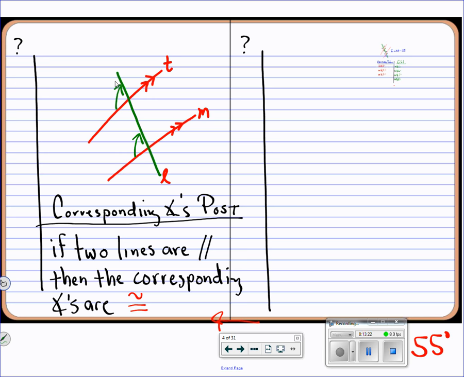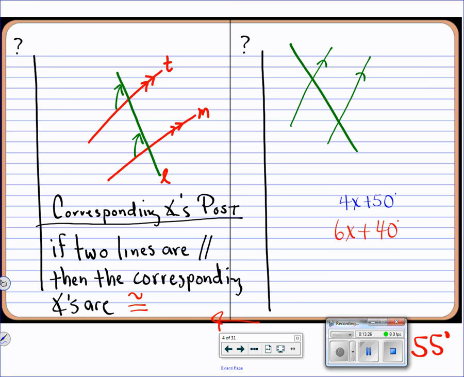Cool. That means I can write an equation for it. Because these things are congruent, and this is any pair of corresponding angles, that's telling me how I can write my equation. So suppose we have this angle 4x plus 50.